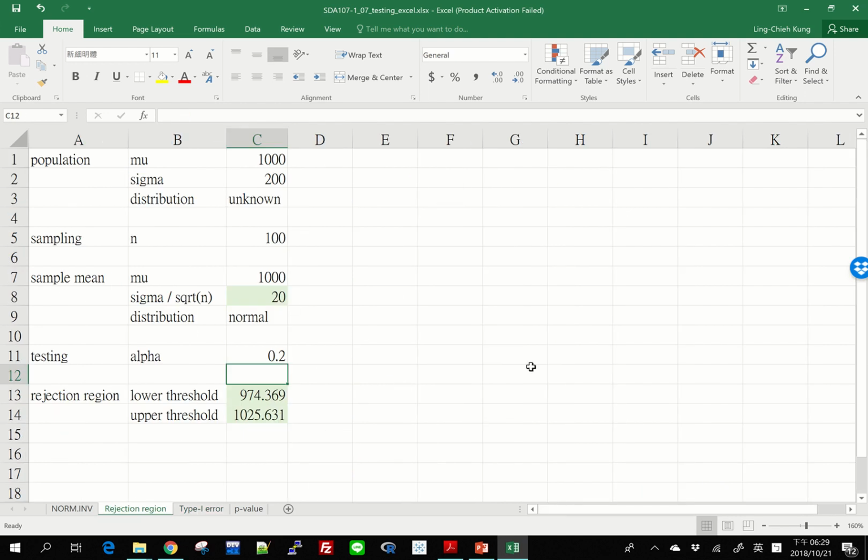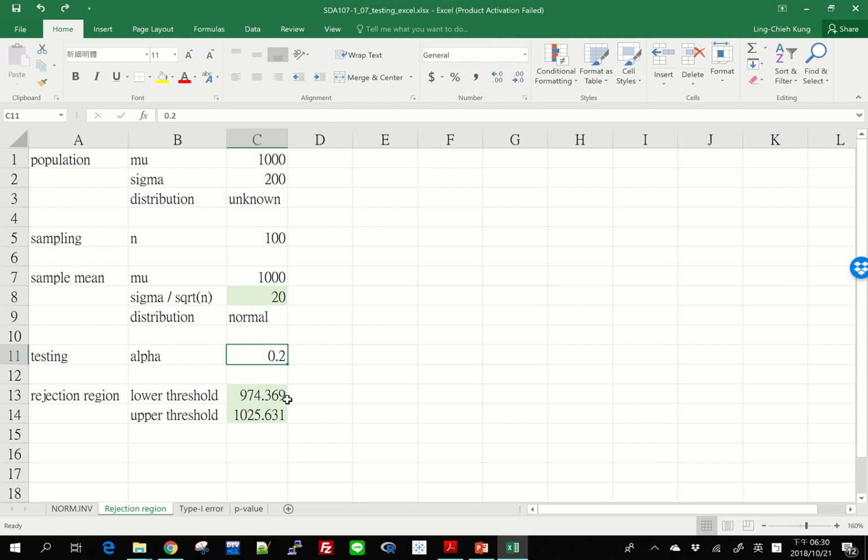Then of course you may want to ask, well, then what's the point of having a large alpha? Because if your alpha is very, very small, then your rejection region will be very, very small in some sense. It will be quite unlikely for you to make a confirmative conclusion. And you know that if you don't reject H0, basically you have no conclusion, and this experiment is not telling you anything.